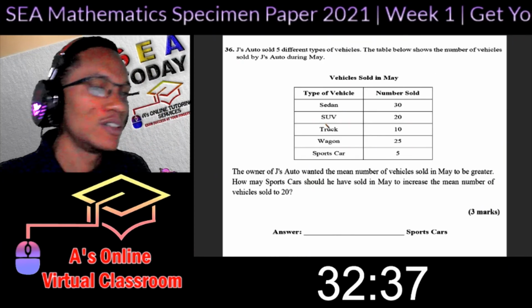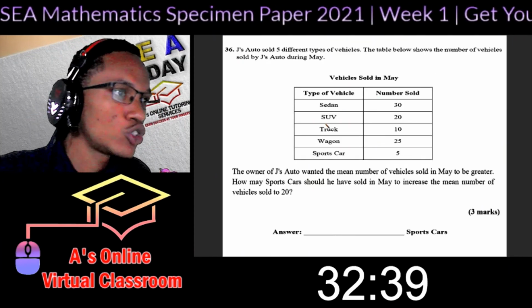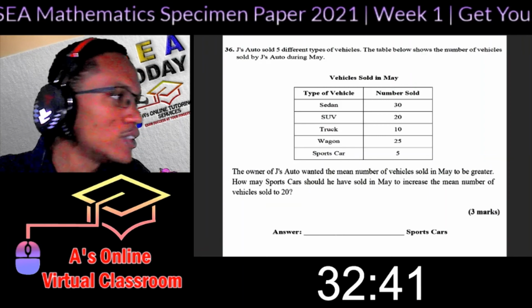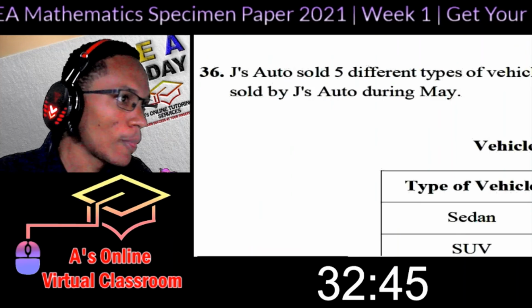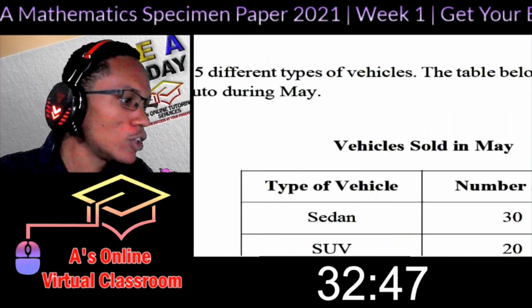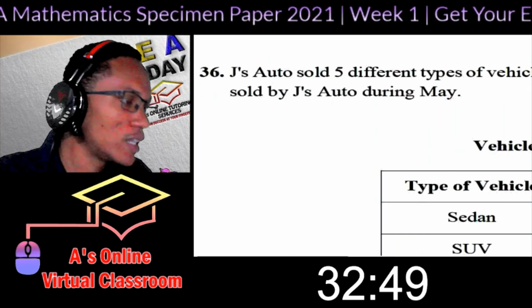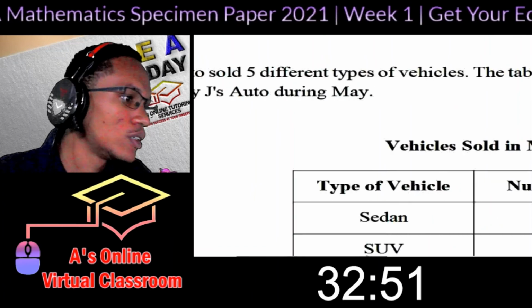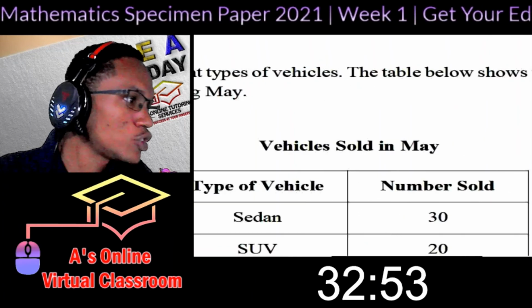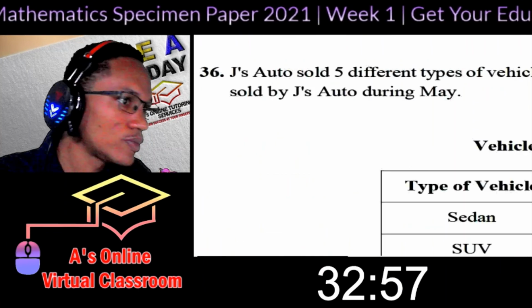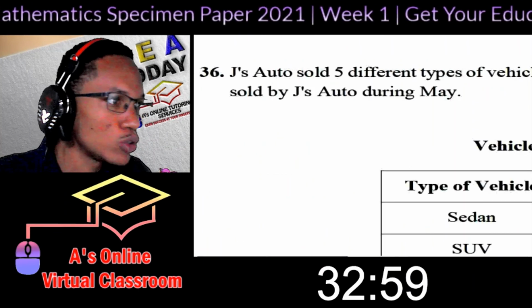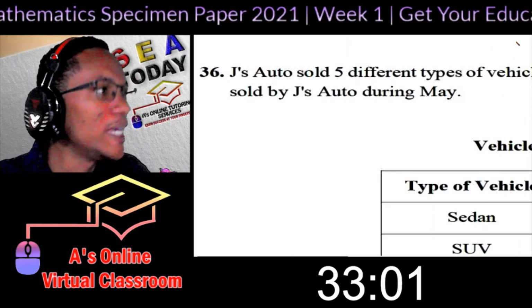Last question. Jay's Autos sold 5 different types of vehicles. Let's make sure we can see this. Jay's Autos sold 5 different types of vehicles. The table below shows the number of vehicles sold by Jay's Auto during May.